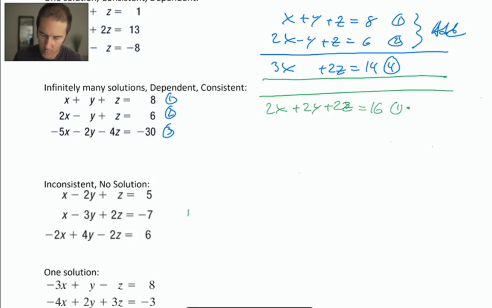That's equation 1 times 2. I'm going to use equation 3 also, so that's negative 5x minus 2y minus 4z equals negative 30. That's equation 3. Let's add these together.